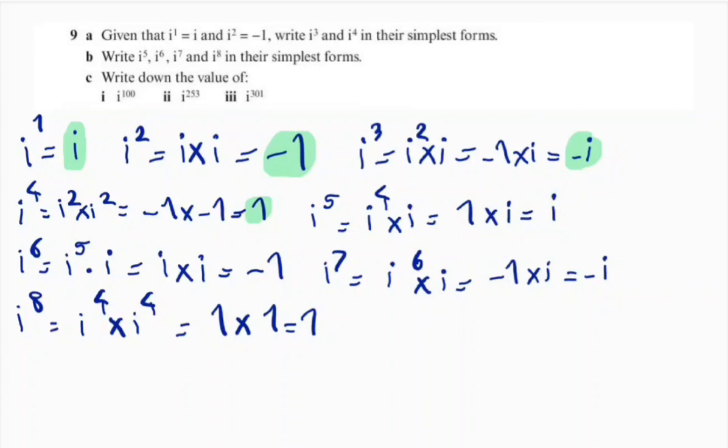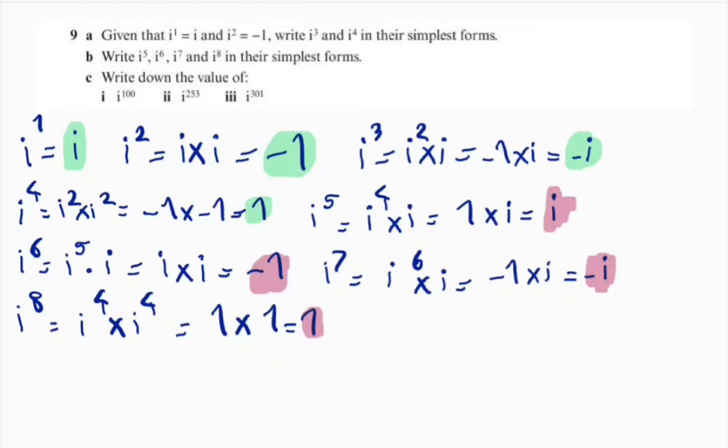Let me highlight that with a different color. i to the power of 6 is -1, the same as i squared. i to the power of 7 is minus i, the same as i cubed, and i to the power of 8 is equal to 1, the same as i to the power of 4.